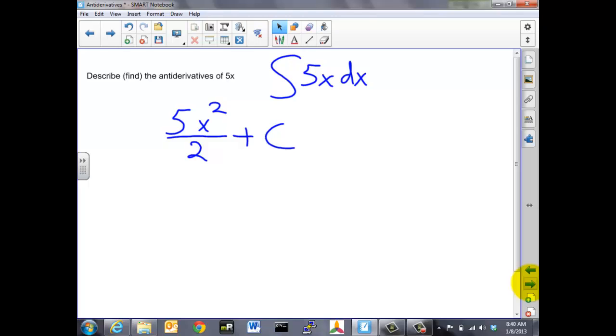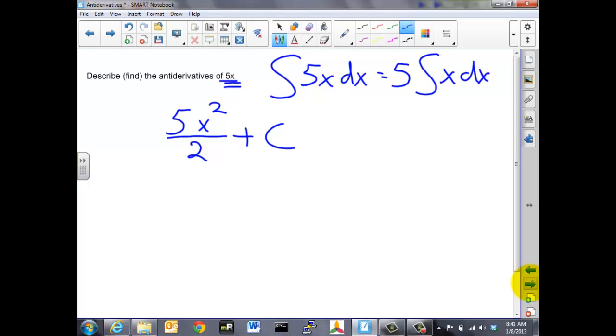Okay, how do we get there? Because that 5 really throws us off, doesn't it? Okay, so remember what we're saying. Think of something whose derivative is 5x. Well, the 5's a constant number, so let's not think about it for a second. Now that I think about it, this will probably help you. I could rewrite this as 5 times the integral of x dx. I can pull that constant that was being multiplied out in front. Now, what function has a derivative of x?